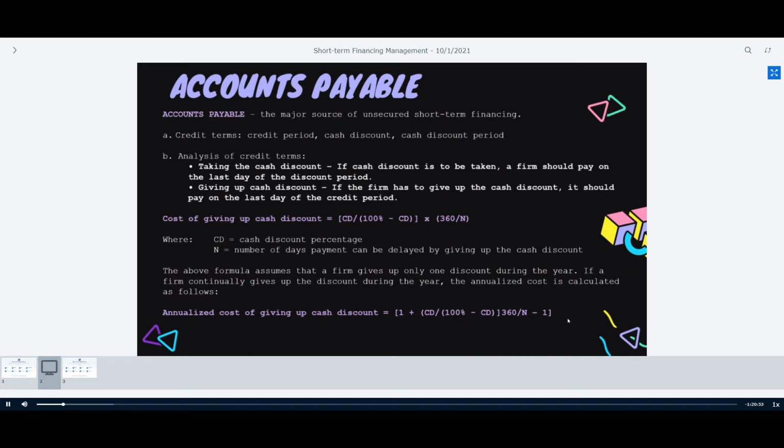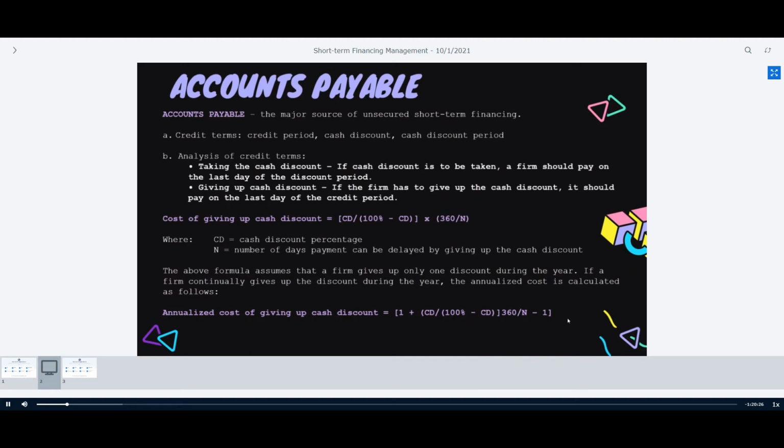So like I said, we'll also talk about cash discount and cash discount period. In my given example, 2 over 10, 2 is the cash discount, 10 is the cash discount period. Meaning if you pay within 10 days, then you'll get to avail the 2% discount.